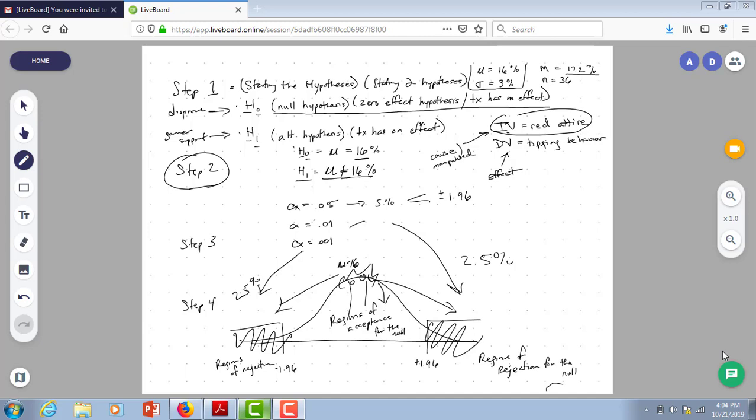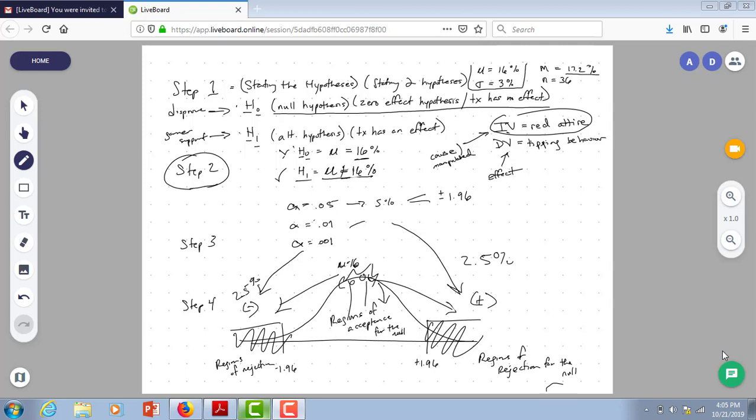What that basically means is that if you calculate a z-score for this sample mean and it exceeds that 1.96 on the positive end or on the negative end, then that's grounds to say that that sample mean is statistically, significantly different from the population mean of 16%, and you should reject the null hypothesis and accept the research hypothesis.